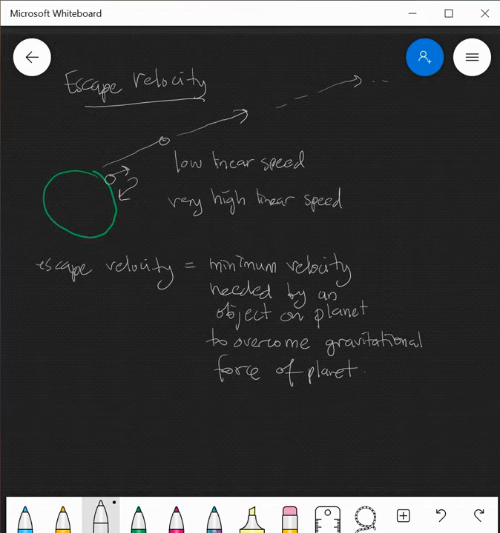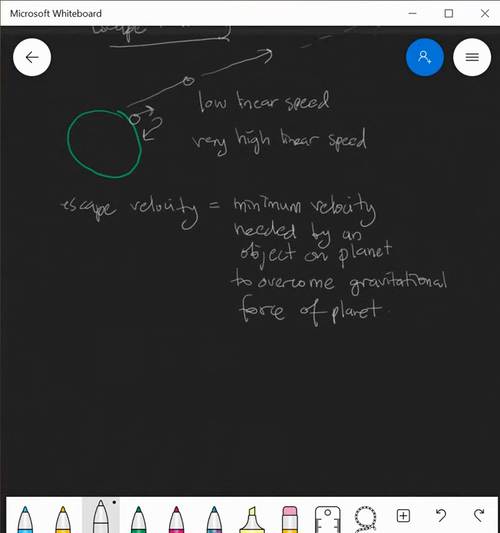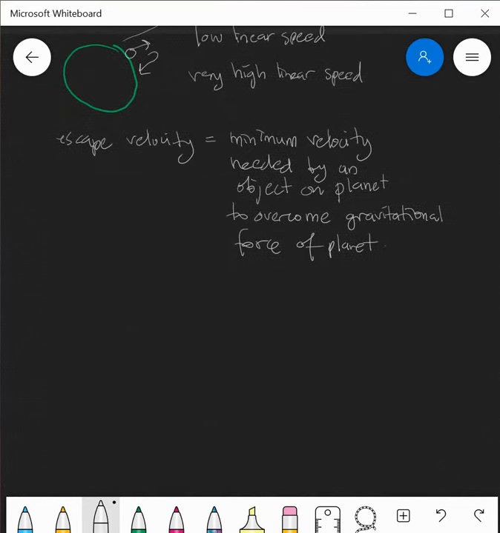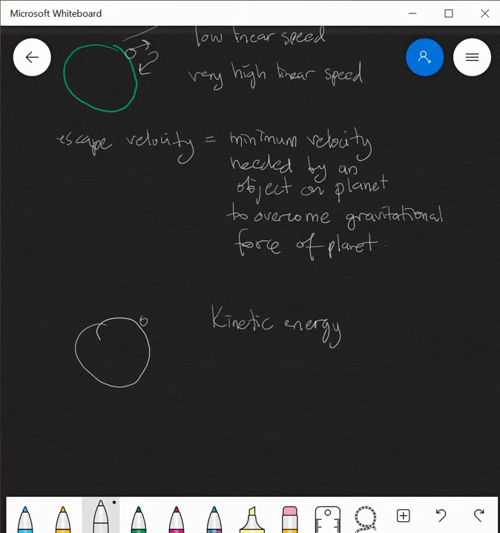Okay, so now you have learned that an object, so the earth, let's say we have an object here. So when it escapes, dia travel kan, dia mestilah travel. So when it travels, it has kinetic energy. Dia ada kinetic energy which is half mv square. Awak dah belajar masa form 2.